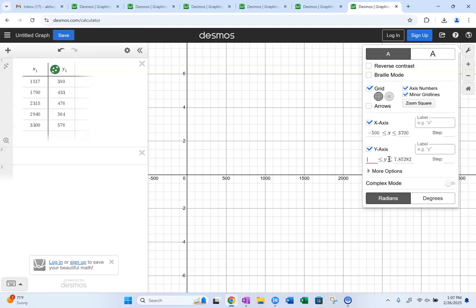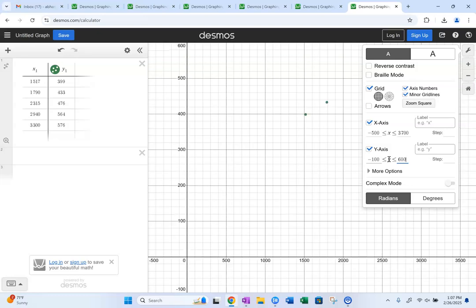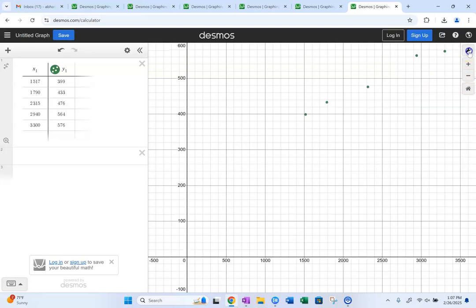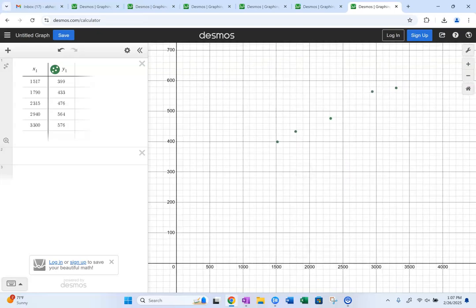So let's go from like -100 to at least up to 600 or so. And let's look at that data. Actually, let me zoom out a little bit more with the zoom out feature there. And you can kind of see how this follows a line there. It's more linear, right? Instead of some curvature. So I say, all right, this thing's linear.